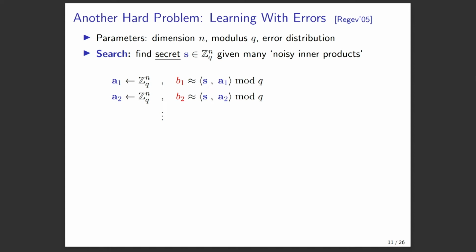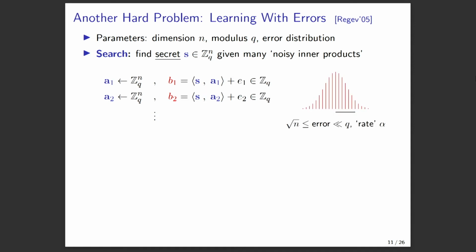And the error is drawn from the error distribution, of course. Then you can get another equation generated in the same way, and another, and another. You can have as many as you want, or as many as the cryptosystem will give you, but that's what you get. So your goal is to find s when, for example, the errors are Gaussian looking.